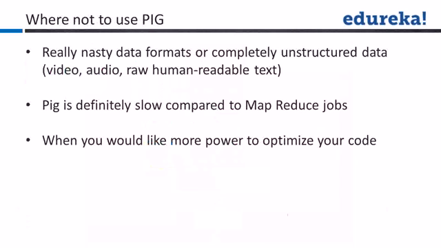It will definitely be doing MapReduce jobs if it has to do something in real time at a faster pace; there is a trade-off you have to take. The point I wanted to bring out here is that if the data formats are really difficult to figure out, then it's probably not a very good idea to use Pig.